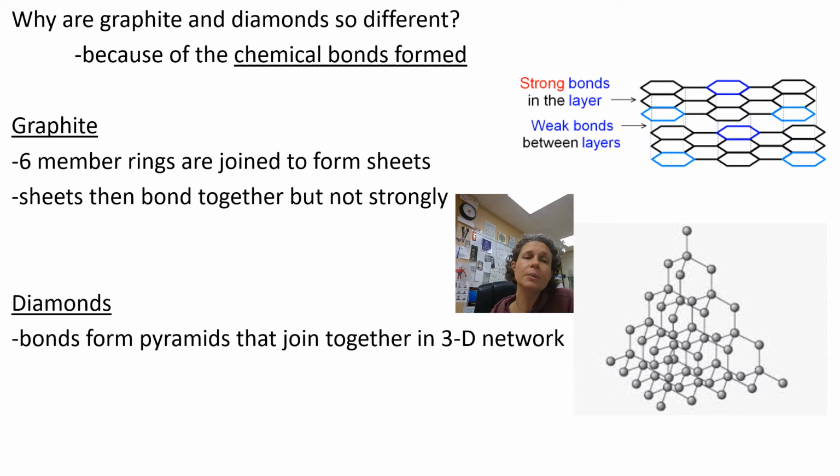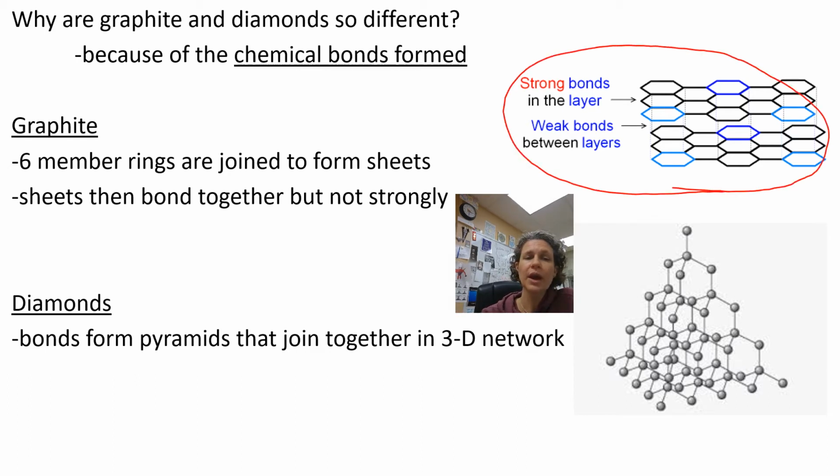They are different because of the way that the chemical bonds are formed. In graphite, which is this top picture, you have hexagon shapes, these 6-member rings, and where two lines meet, that's where a carbon is. The lines are showing the bonds.